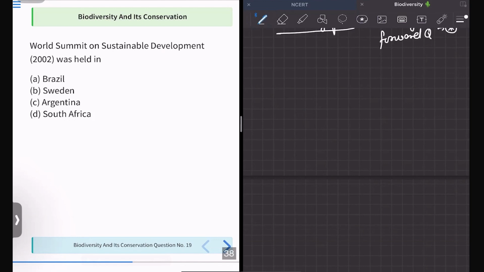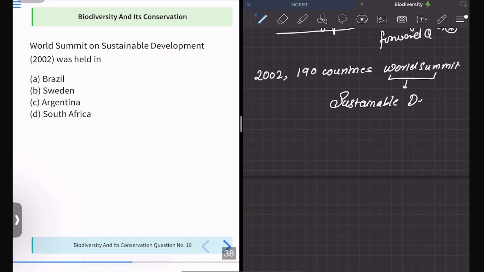Actually in 2002, around 190 countries participated in a world summit. And this world summit was discussing sustainable development. And this summit was held in Johannesburg. Yeah, this line is actually given as it is in your book. So it is really important that you make some notes out of this. So it was in Johannesburg.